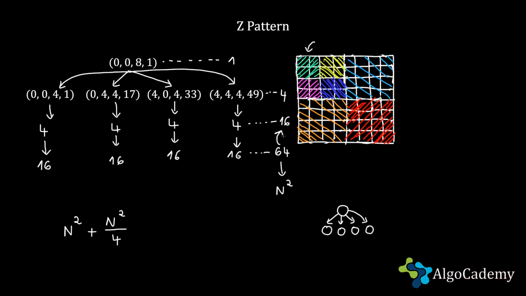Awesome. Now, these n squared divided by 4 function calls are obtained from n squared divided by 16 function calls. So take the number and again divide it by 4, and that's the number of parent function calls. So we have n squared divided by 16 here.